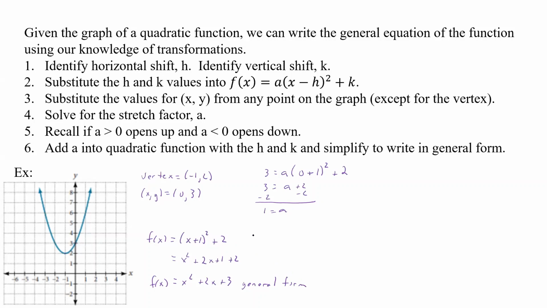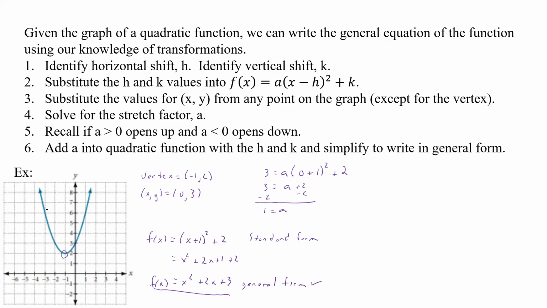And if we needed it, we have our standard form here as well. So we have both forms when we get to our general form. We've already had to put it into standard form, then we expanded it and simplified it to get to our general form. That's what we're going to be looking for when we go from some graph to some quadratic function. Again, it's just picking your vertex, that's the first thing you need to do, and then some other point.